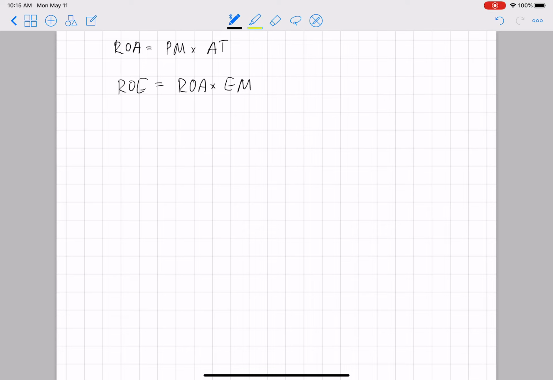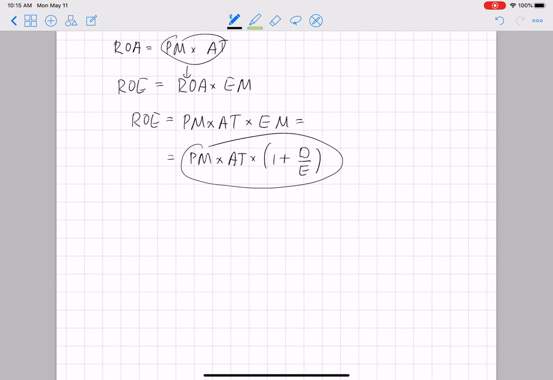So if I combine them, I could say that ROE is equal to profit margin times asset turnover times equity multiplier. Or alternatively, an even better way to look at it: profit margin times asset turnover times (1 plus debt over equity). So that's the best way to visualize your ROE.